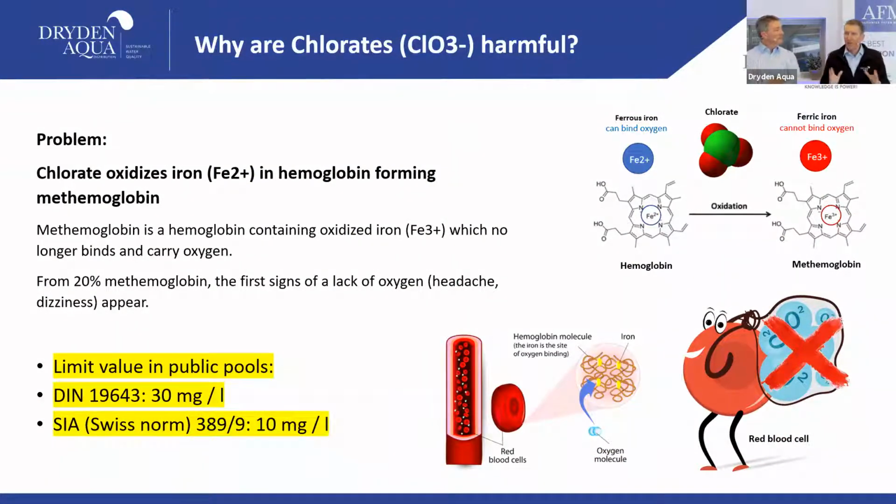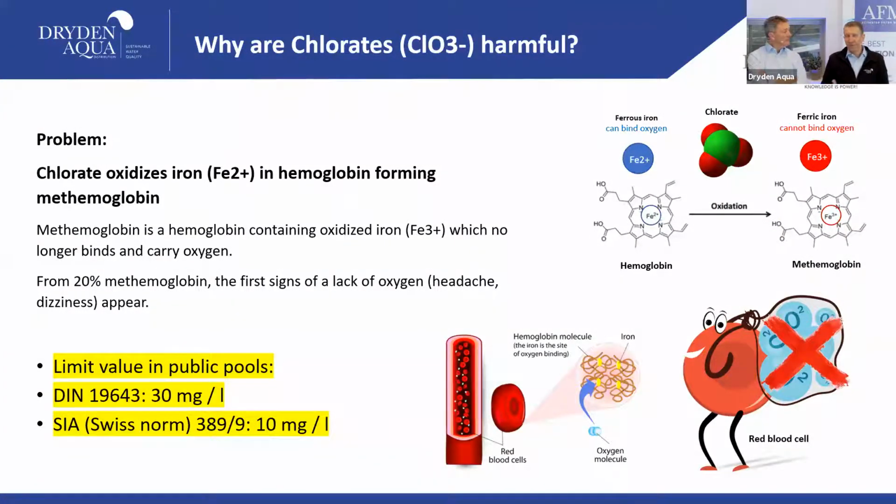Short story, let's start with hemoglobin. Hemoglobin is a molecule in your red blood cell. It contains iron Fe2+, and it is responsible for the transport of oxygen in your blood to your cells. In order to do that, the Fe2+ iron in the hemoglobin binds the oxygen and moves it.